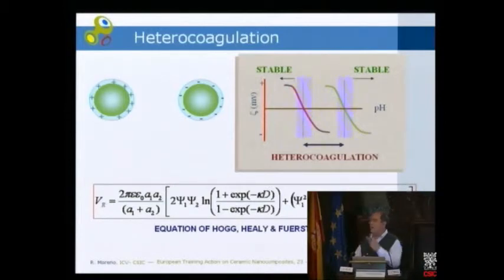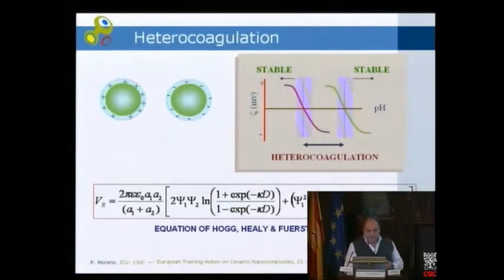We can have also two different kinds of particles. Then each one has its own behavior of zeta potential versus pH. In the intermediate zone, this material is negatively charged, while this one is positively charged, so that they will tend to attract each other by strong electrostatic forces.